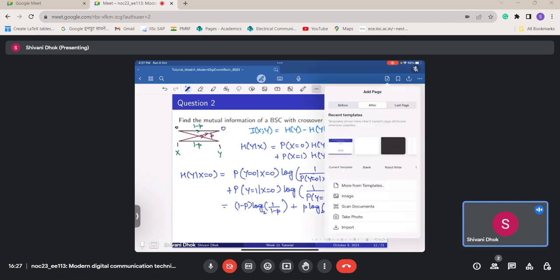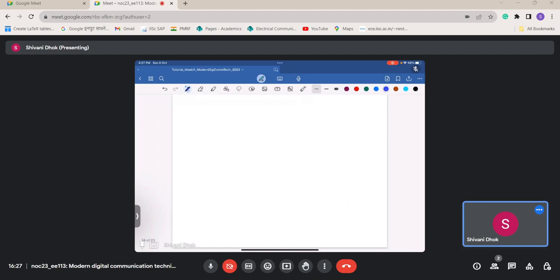Now similarly, let us find H of Y given X equal to 1.